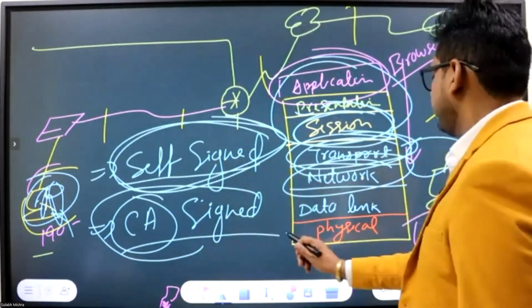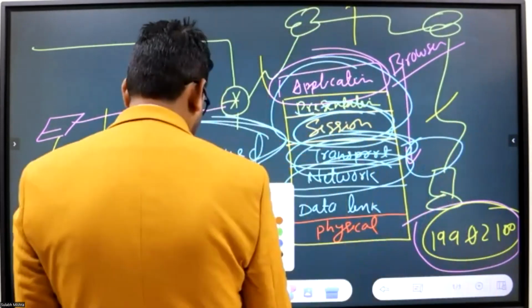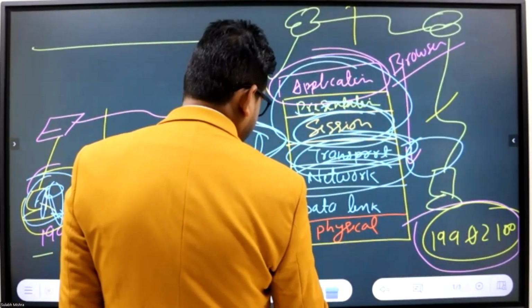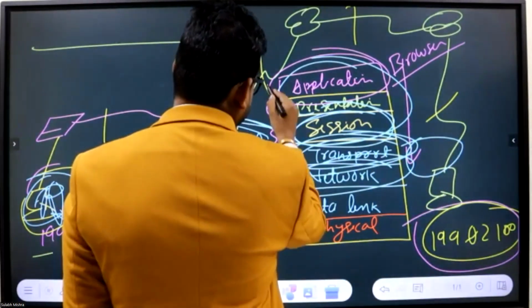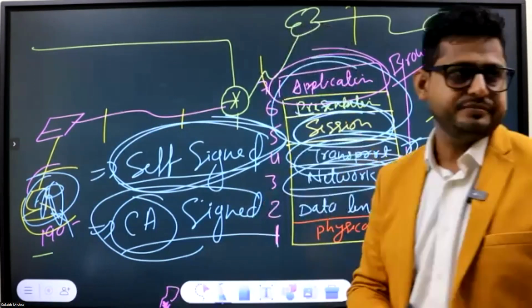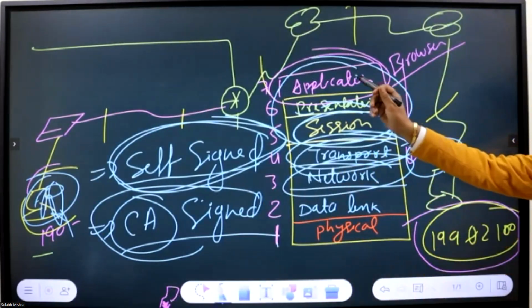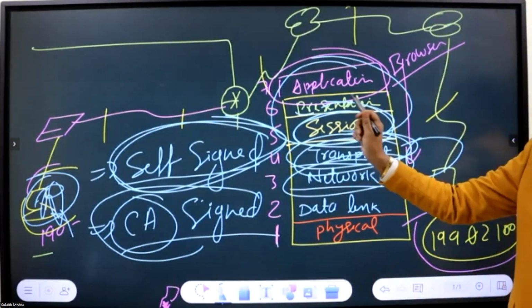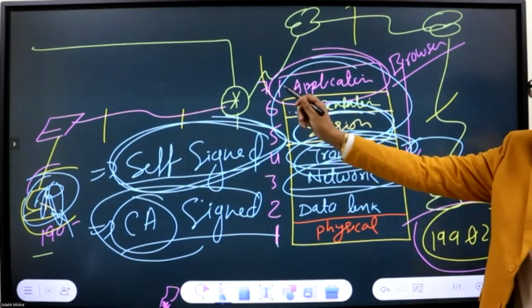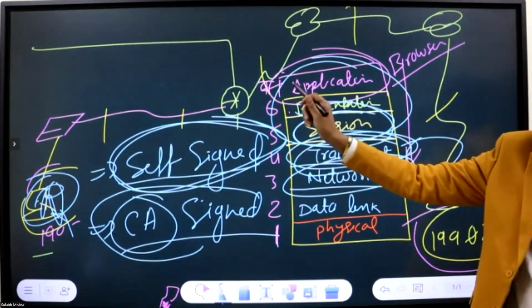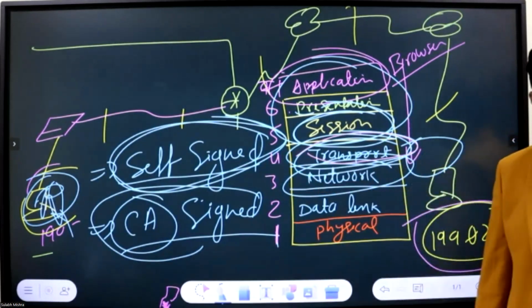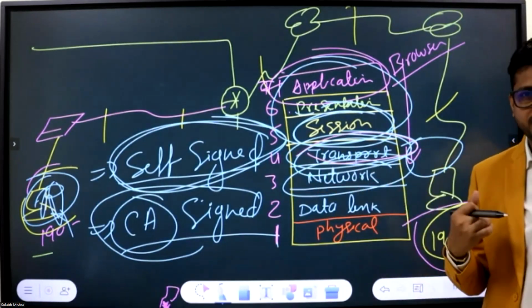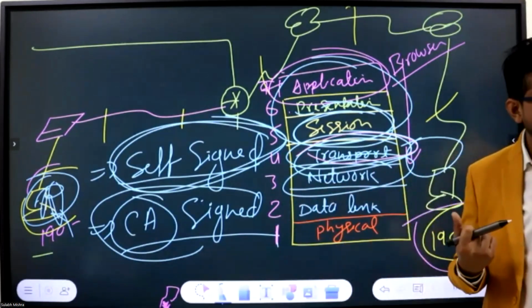So this is layer number 1, layer 2, layer 3, layer 4, 5, 6, 7. Application is layer 7, presentation 6, session 5. Transport, UDP and TCP protocols come under layer number 4. Port numbers come under layer number 4, right?